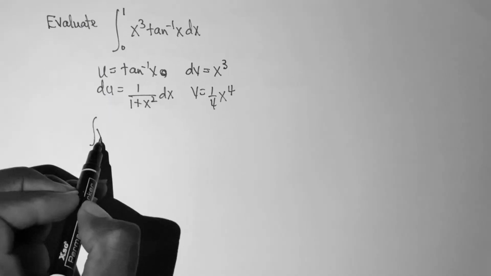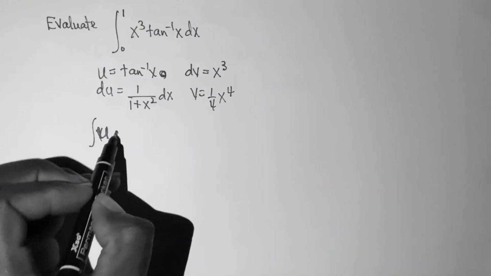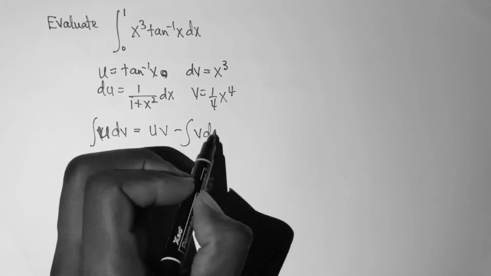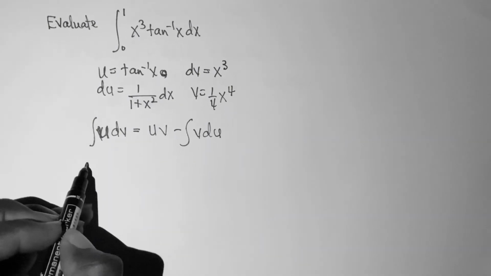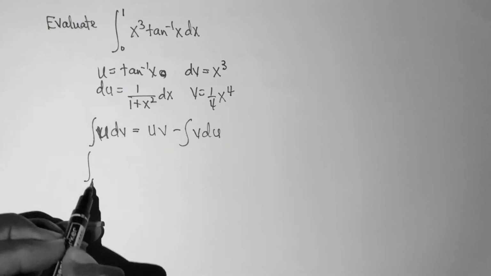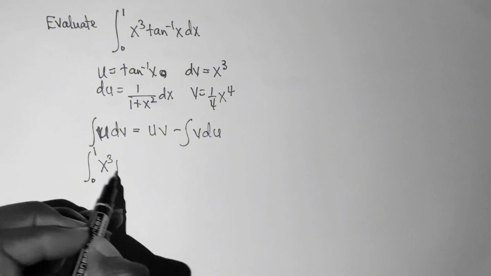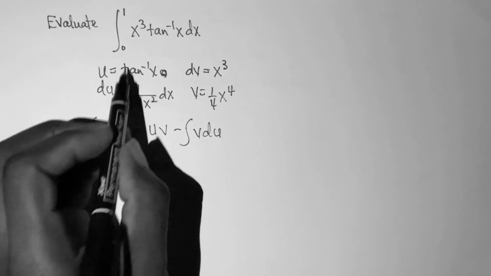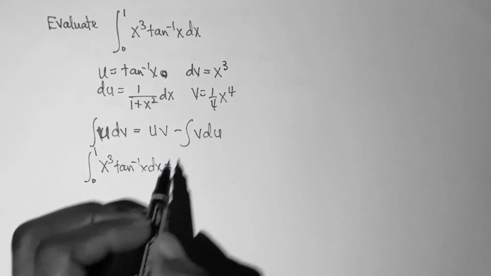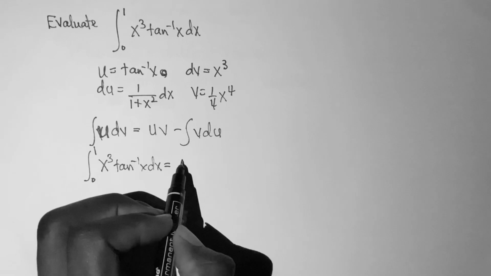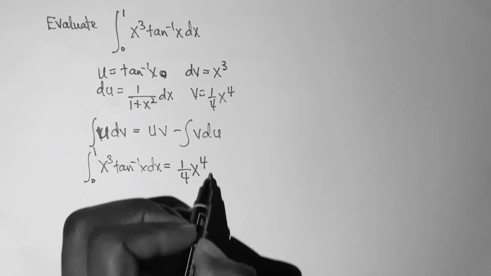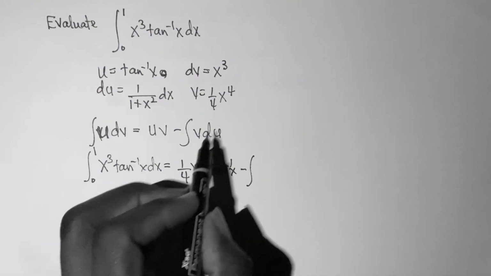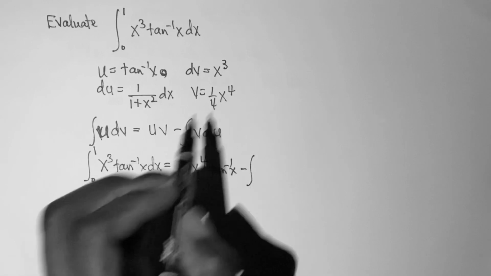So the formula is integral of u dv is equal to uv minus integral of v du. So this integral, which is integral 0 to 1 of x exponent 3 tan inverse of x dx, is equal to u, tan inverse of x, then v, 1 over 4 x exponent 4. So 1 over 4 x exponent 4, then tan inverse of x, then minus integral of v, which is this, then du.